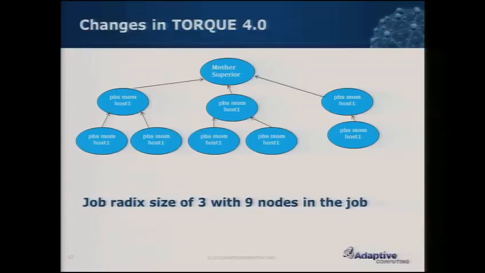You mean having a default radix? Yeah, so right now we just do the round robin. One of the things I realized after we got it going and started testing, especially after we did the MOM hierarchy, is that we don't have anything right now for job placement.